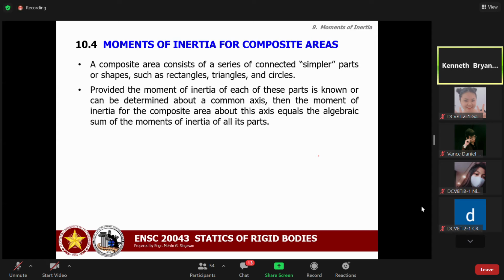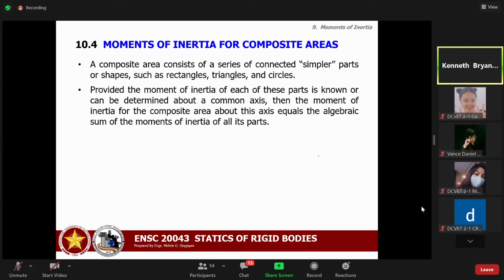We already had a problem regarding composite areas in centroids, right? What we did there was divide the area into parts whose centroids we know. In this case, we divide the composite area into shapes whose moments of inertia we know. So it is just the summation of the moments of inertia of all the parts.